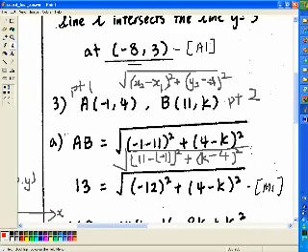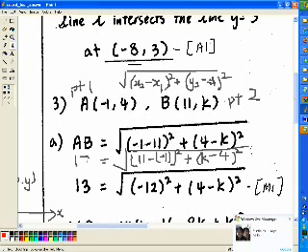In the question, it's given that AB is 13, and that's why this is equal to 13.